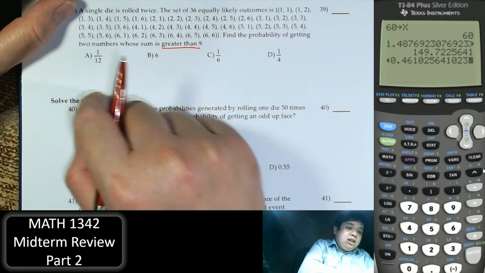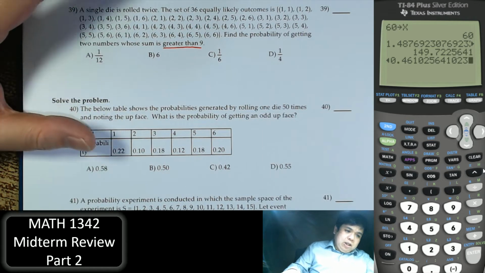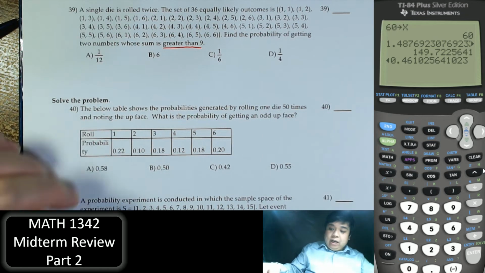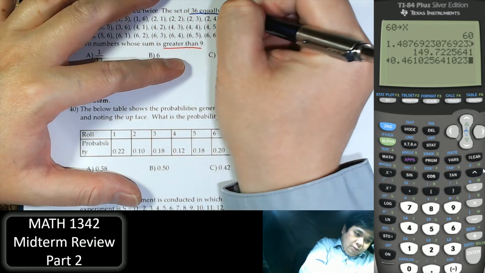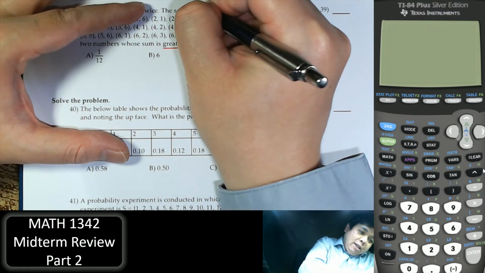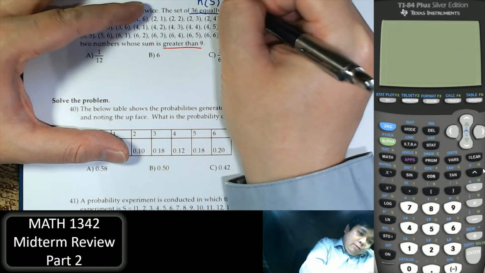If we have two dice, the maximum we have is 12. So first of all, we have 36 equally likely outcomes. And we can count them. The sample space has 36 outcomes.